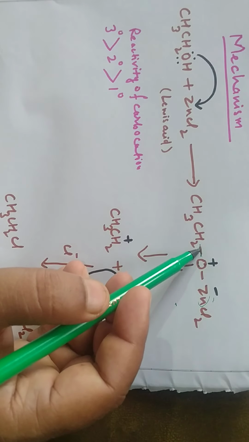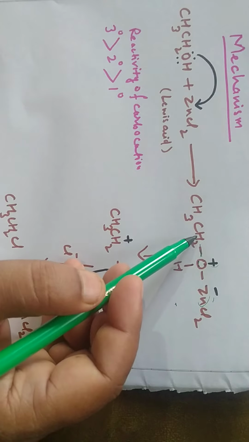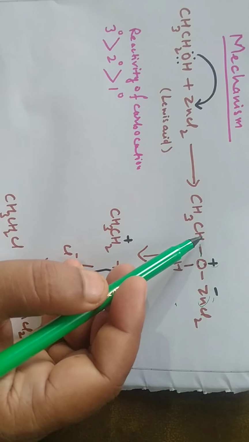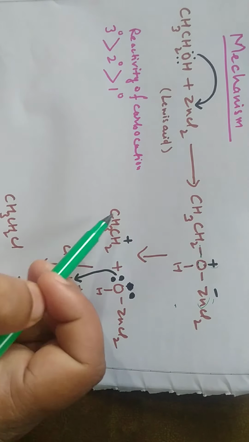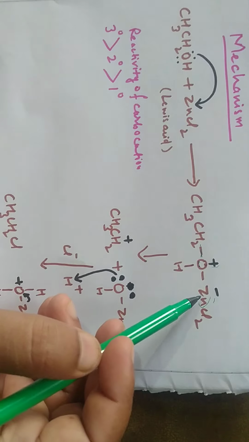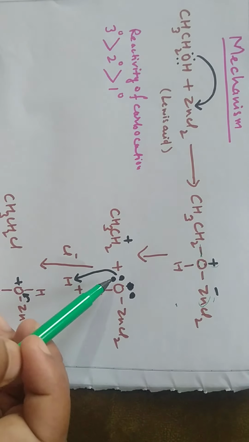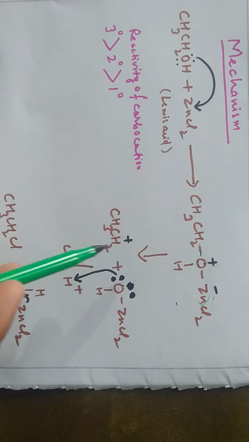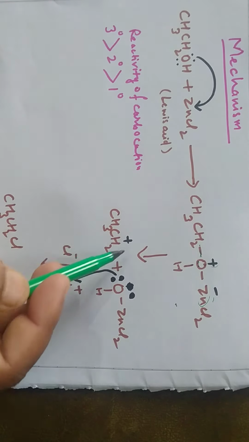If these electrons are taken by oxygen, the positive charge neutralizes, and since this carbon has given up electrons, a positive charge appears on this carbon and a carbocation is formed. The rest of the species is OH bonded to zinc chloride. Now the carbocation is formed. This one is a 1 degree carbocation.